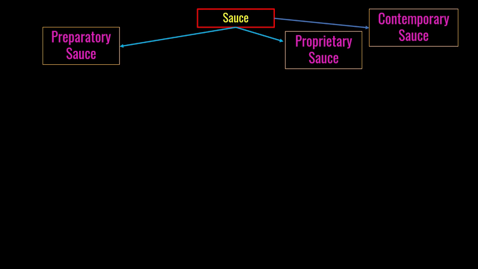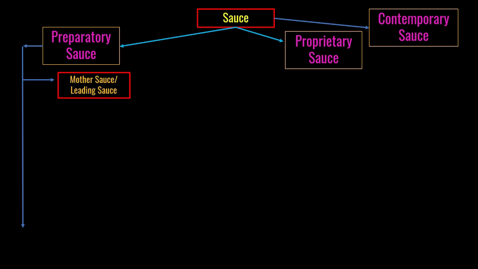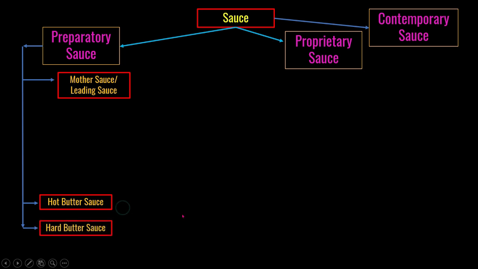So primarily these are three major heads. Then the first one, the mother sauce, or we call it leading sauce, and then we get hot butter sauce, and then we get hard butter sauce.